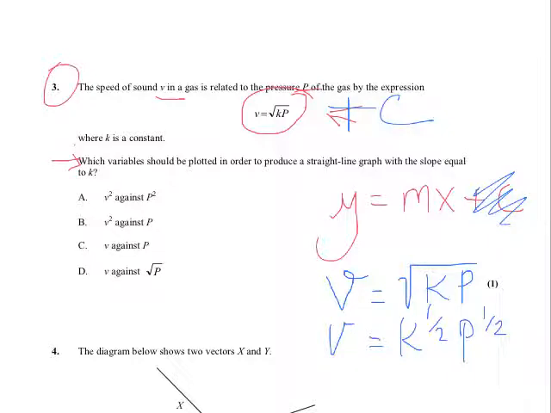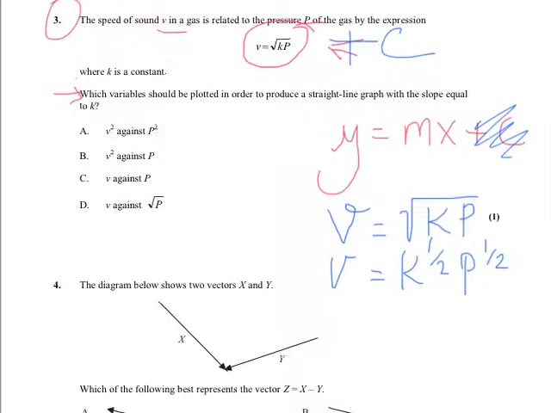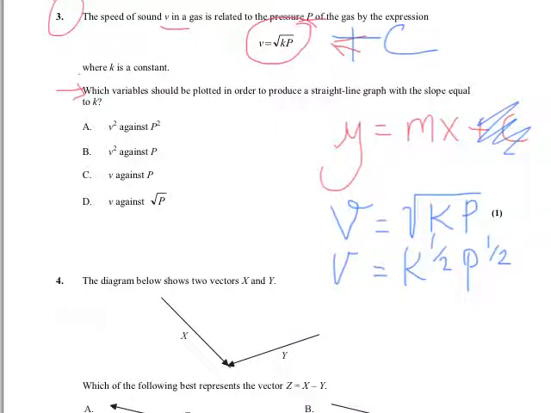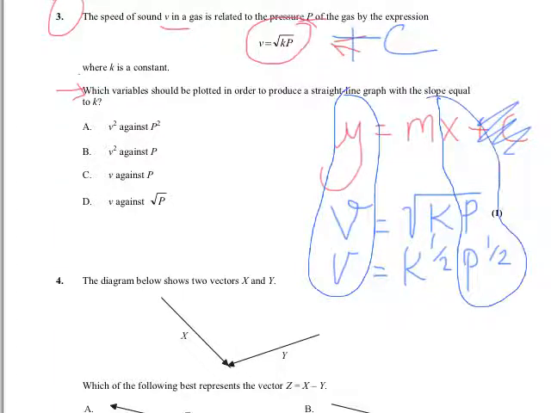Now, the only way that you can get a straight line is if you plot on the y-axis V and on the x-axis P to the half. So now the problem with that is your gradient is going to be K to the half.